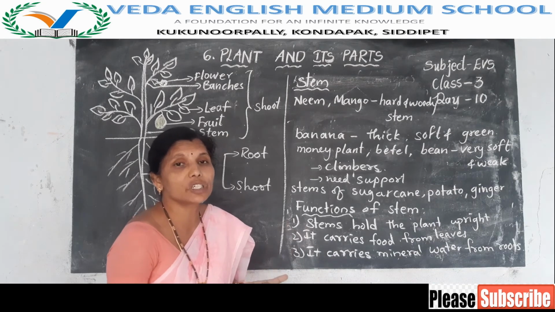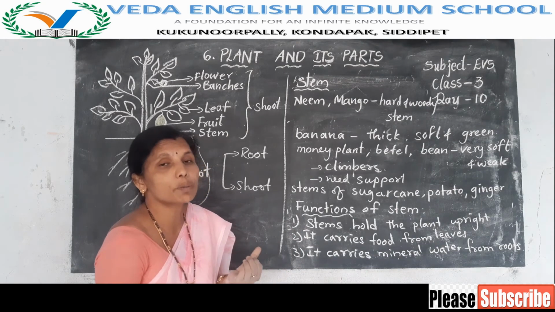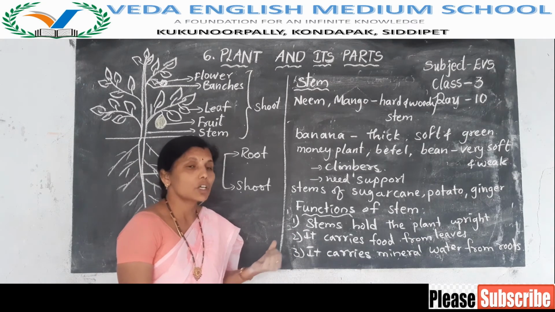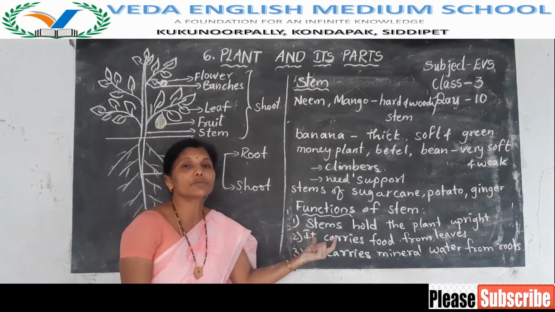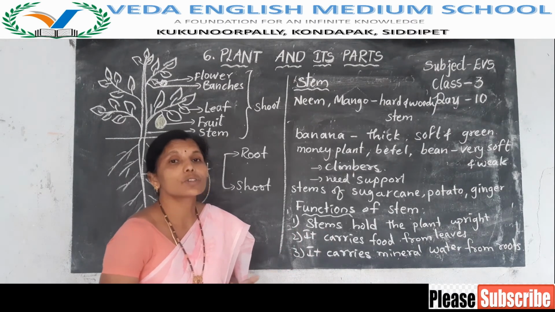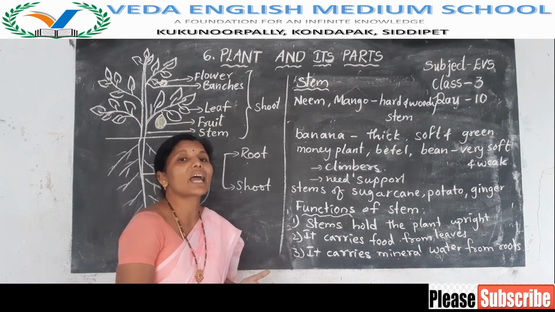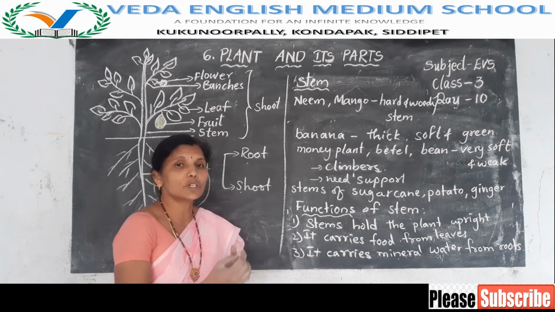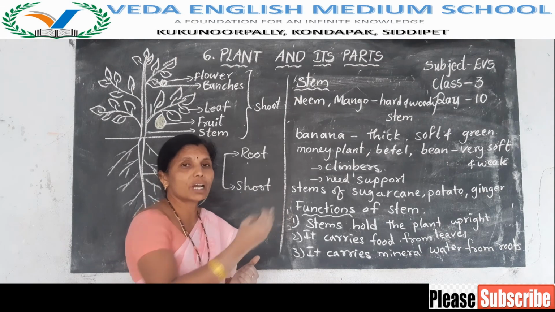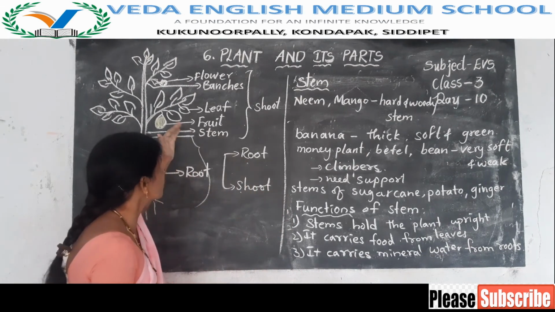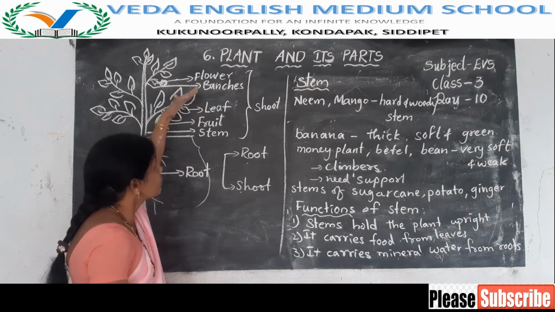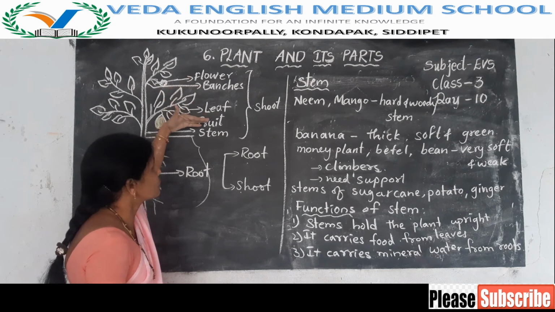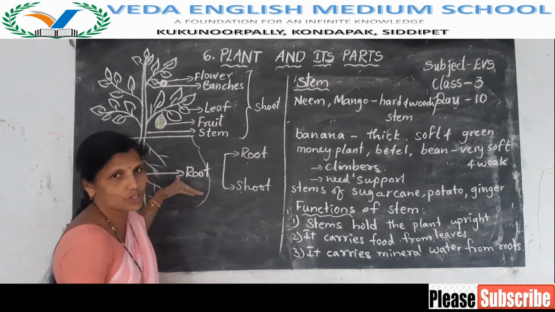Leaves prepare food, yes? So the stem carries food from leaves to other parts of the plant, including roots also: to branches, flowers, fruits and also roots.